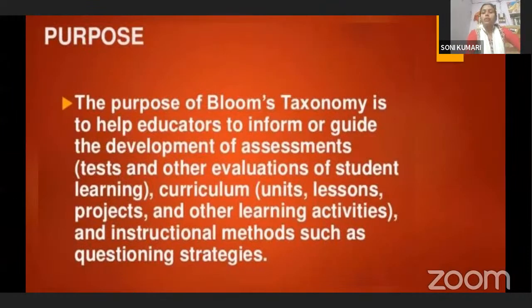Now, we know the purpose for which Benjamin Bloom's taxonomy was developed.